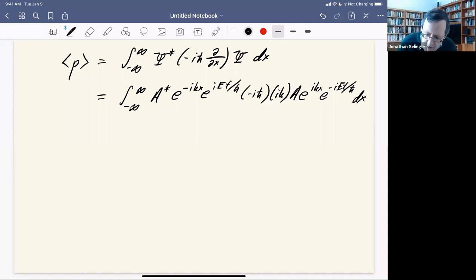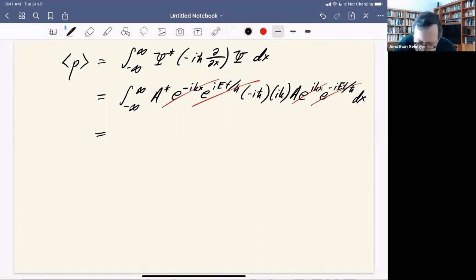Once we've done that, we can cancel these complex exponentials in time, and we can cancel these complex exponentials in x.